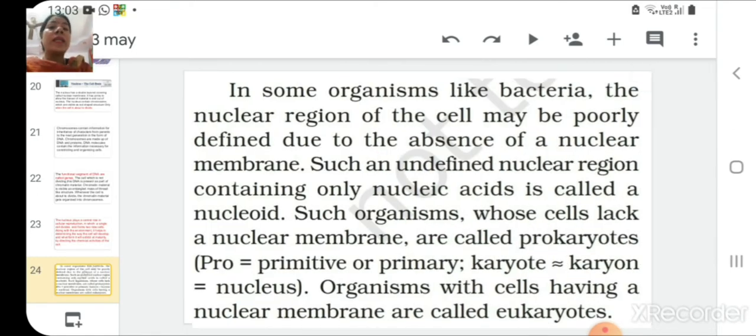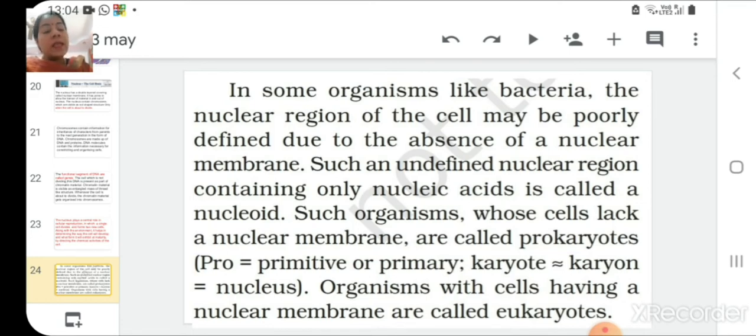In some organisms like bacteria, the nuclear region of the cell may be poorly defined due to the absence of a nuclear membrane. That means in bacteria, it may be possible that a nuclear membrane will not be present, or it will be poorly defined. Such an unidentified nuclear region containing the nucleic acid, which can be RNA or DNA, is called nucleoid.